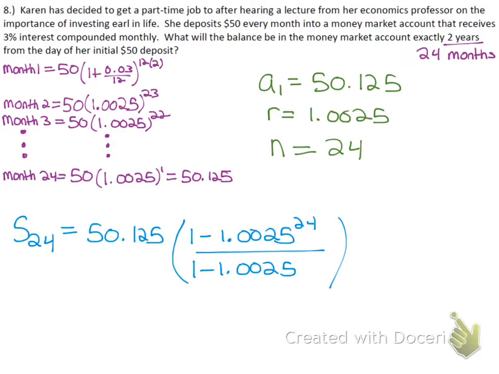When we plug into the geometric series formula, we get this particular problem, and then carefully typing this into our calculator, we can figure out that after the 2 years, making a $50 a month deposit, that money now is all of a sudden $1,238.23. So making a small investment on a month-to-month basis really does pay off, because your $50 per month has definitely paid off.